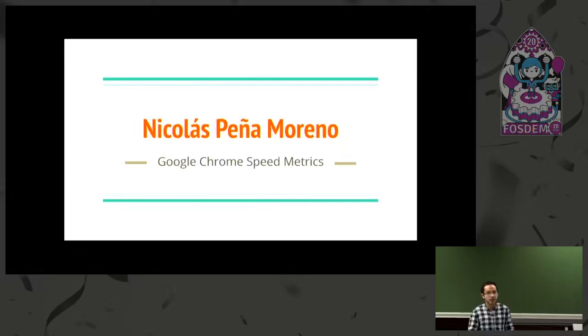In particular, my focus is on defining and implementing new web performance APIs. So those are the ones that you can run on JavaScript. So I'm part of the Chrome team within Blink. Blink is Chrome's rendering engine. So basically, that's where we implement the JavaScript APIs.